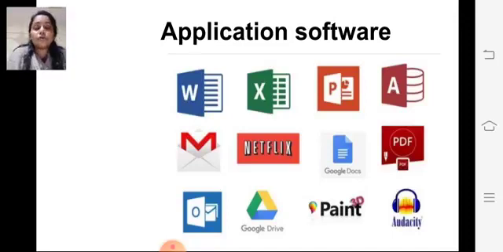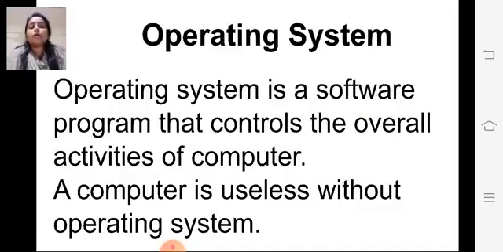Understood, children? So we have learned the second lesson, that is hardware and software. We have done our revision also now, right, children? Now the third lesson is about the operating system. An operating system is a software program that controls the overall activity of a computer.